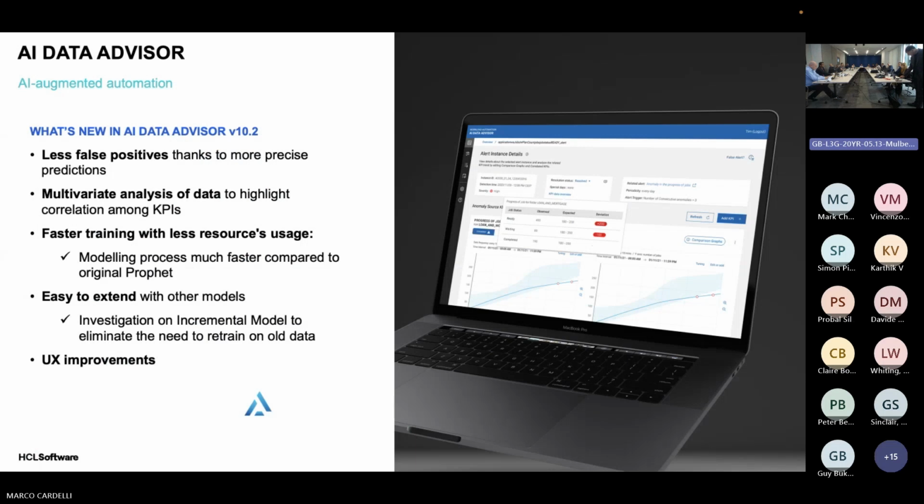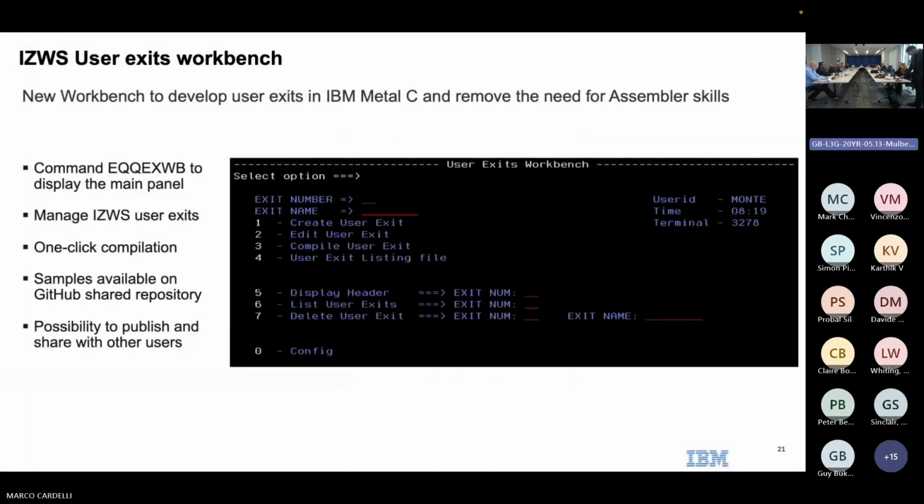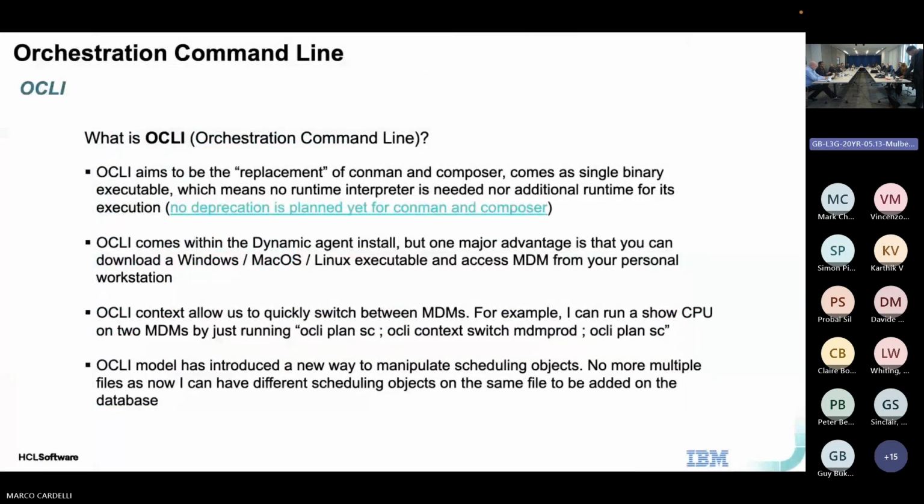Okay, let me skip this for now. I just want to take some time on the orchestration command line, because I think this is a feature that is not very much used yet. So I want to talk just a couple of minutes about this.